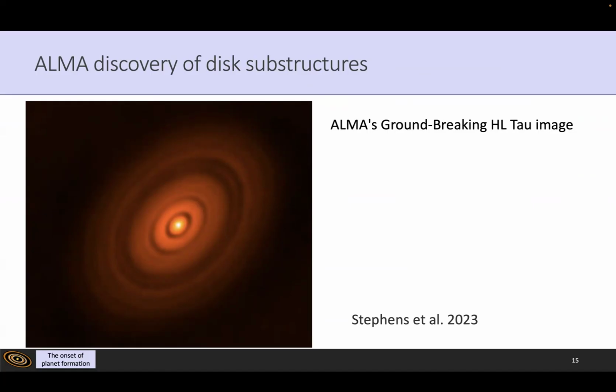You have probably seen this before, with a lot of beautiful rings and gaps. This is the updated version by Evans et al. 2023. These rings and gaps are a possible formation site for protoplanets with a cluster of dust. So studying these substructures is very important.